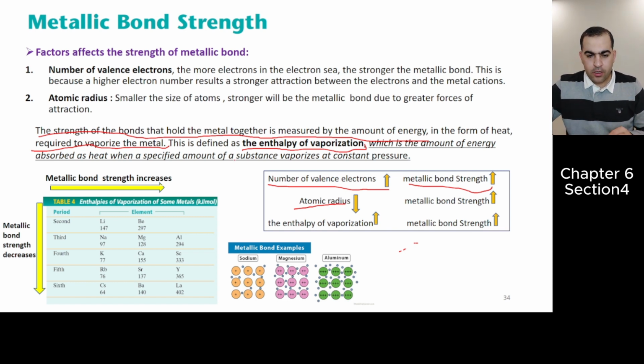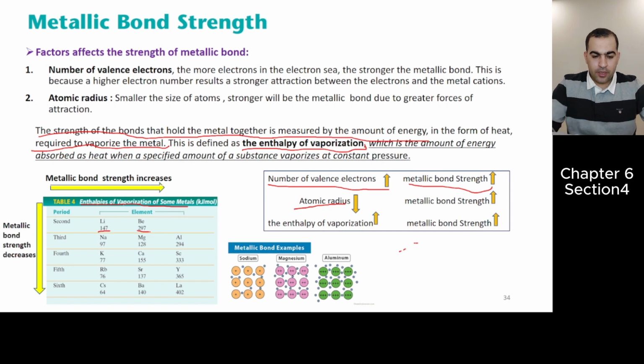So here, for lithium, the enthalpy of vaporization of some metals, lithium, which is in the second period, is 147 kilojoule per mole, but beryllium is 297 kilojoule per mole.